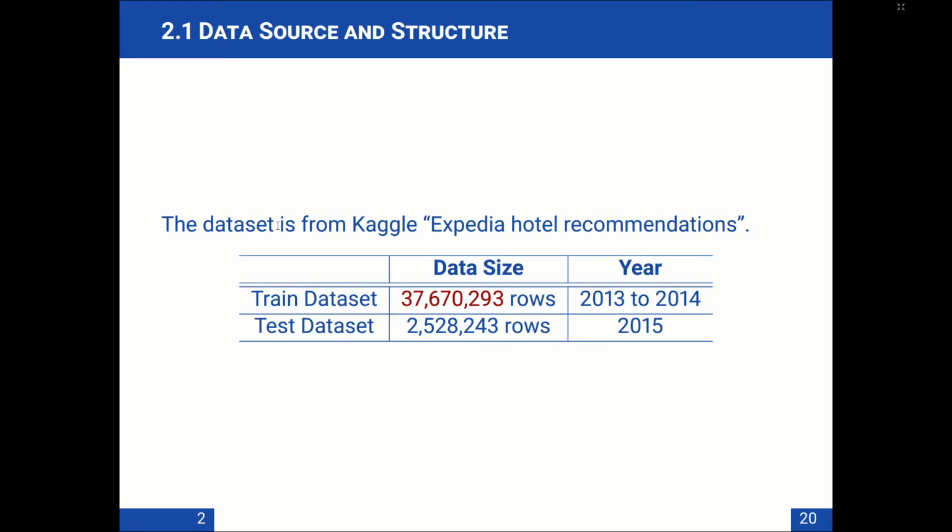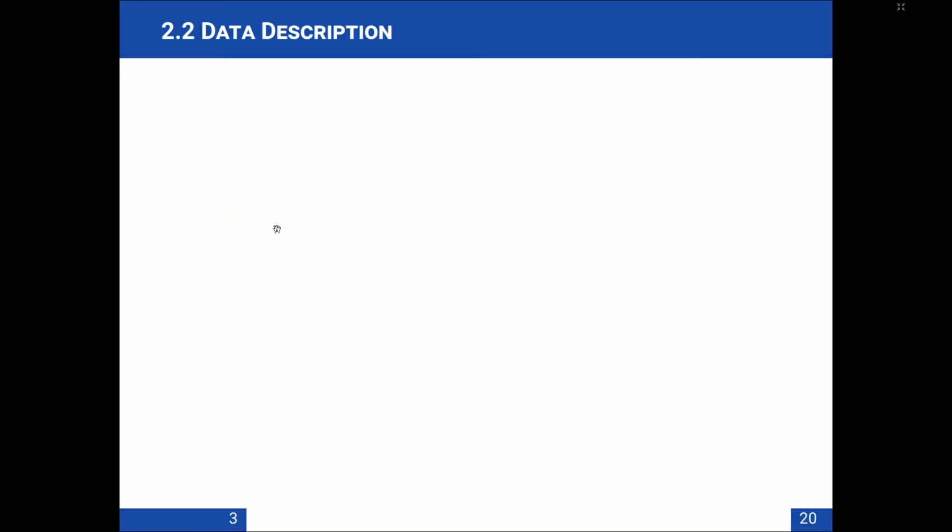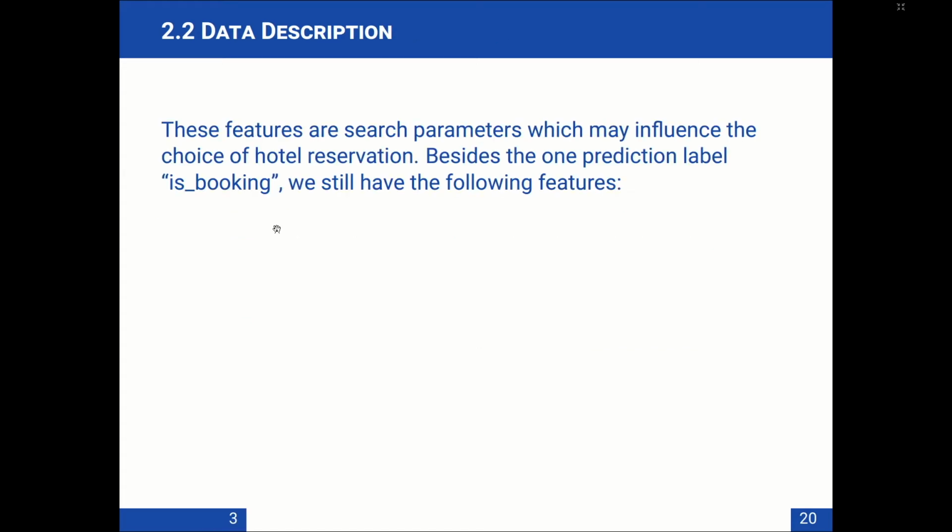The training set contains about 37 million records from the years 2013 to 2014. The test set stores 2 million reservations from 2015. The training set and test set share most of the features.